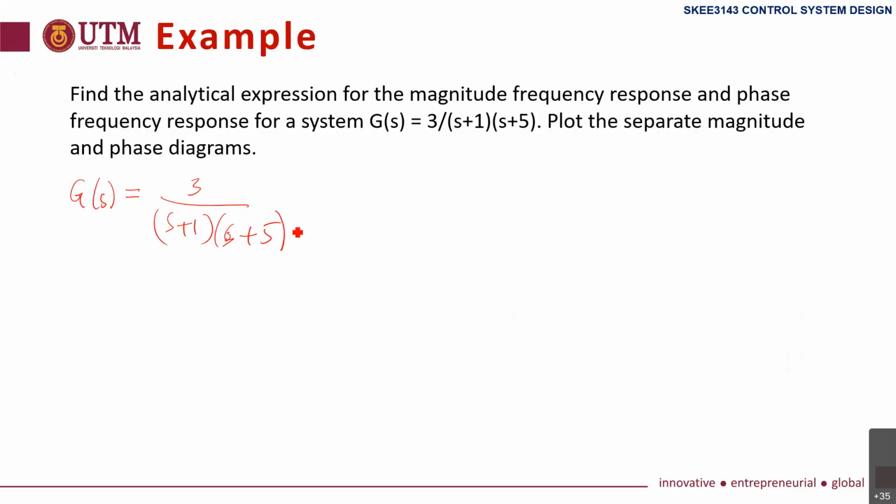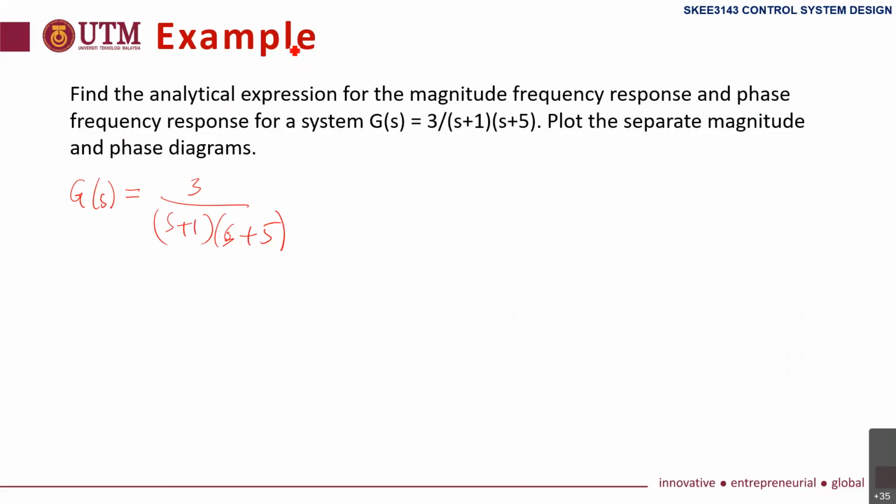This is similar to the one that we did just now, which is 1/(s+5) or s+2. Here we have two poles, s+1 and s+5. Plot the separate magnitude and phase diagram.